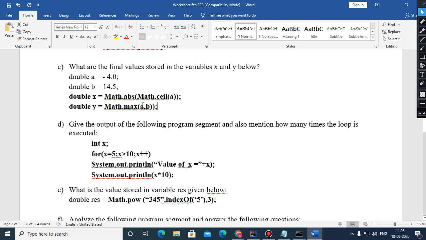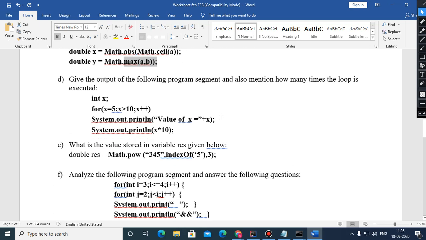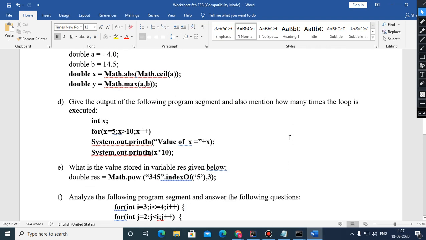And here it is A comma B, 14.5. Okay. Give the output of this one. Please hurry up. If you are passing a double value, then it will return a double value.